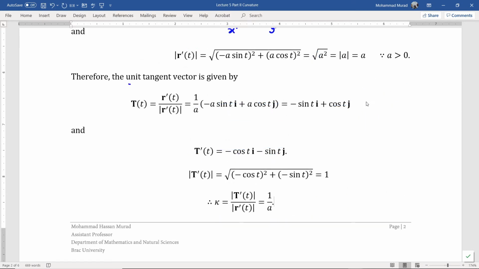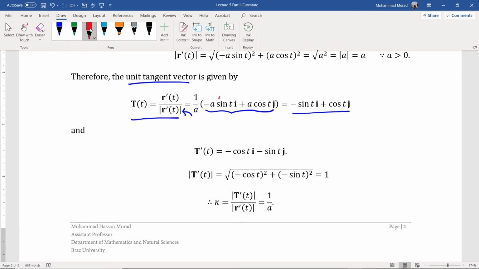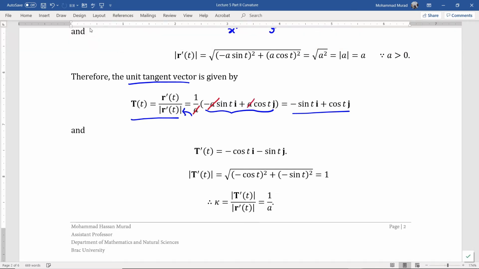Therefore, the unit tangent vector is given by this expression. In the numerator, we have r prime of t, and in the denominator, we have the magnitude of r prime of t, which reduces to the vector negative sine of t i plus cosine of t j, obtained by cancelling the a's from the numerator and the denominator.